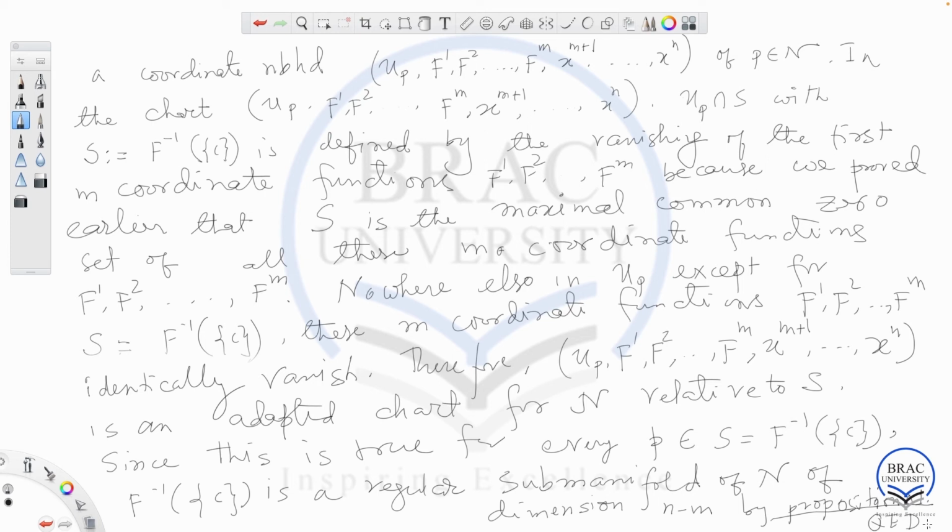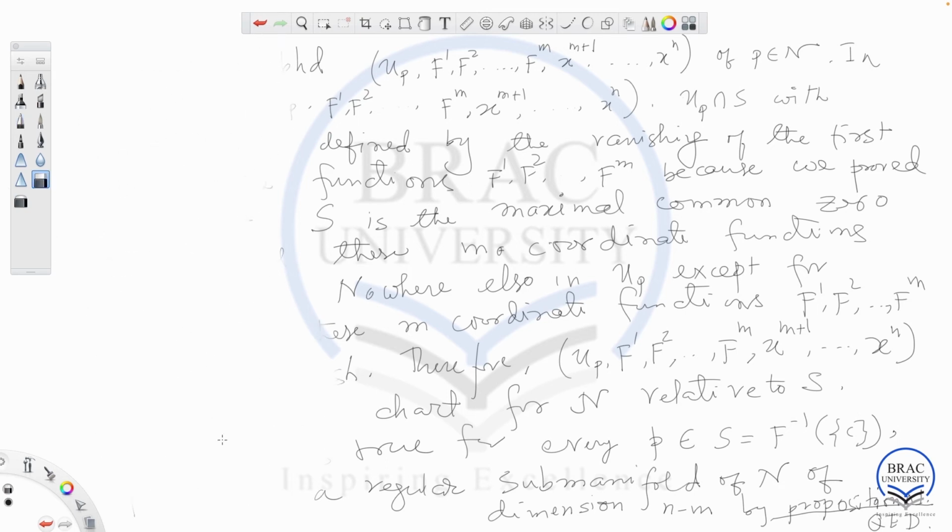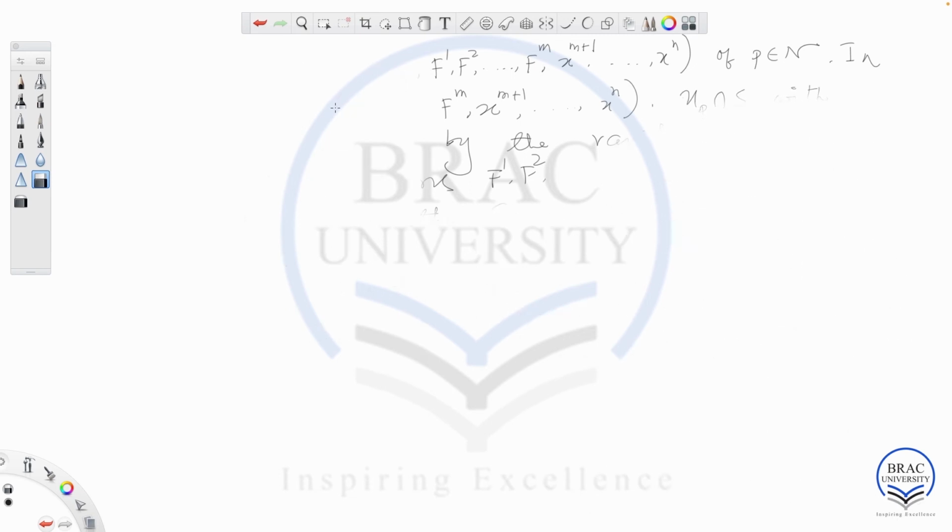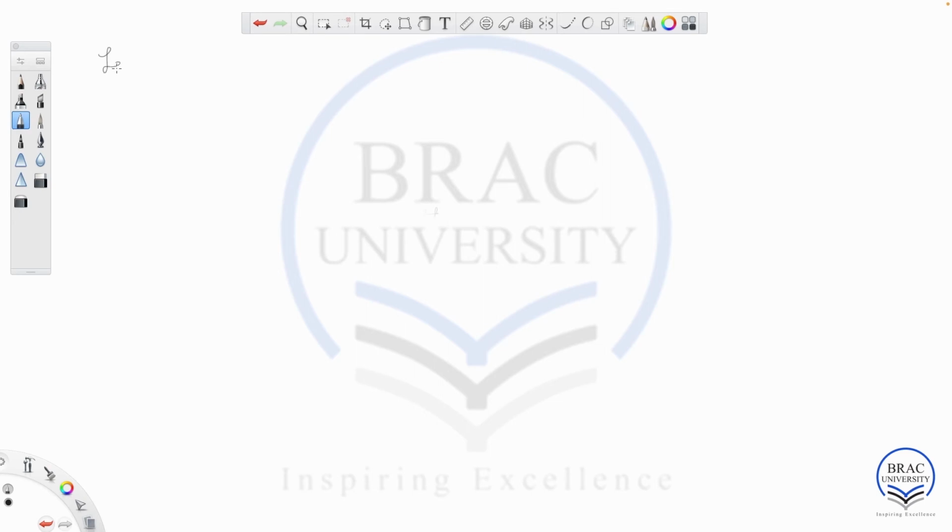Now there is a useful lemma that we are not going to prove, that follows from the proof that we have done for a regular level set theorem. Okay, so let me state this lemma. Lemma 1.